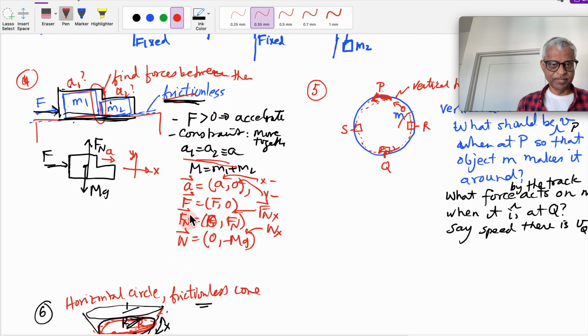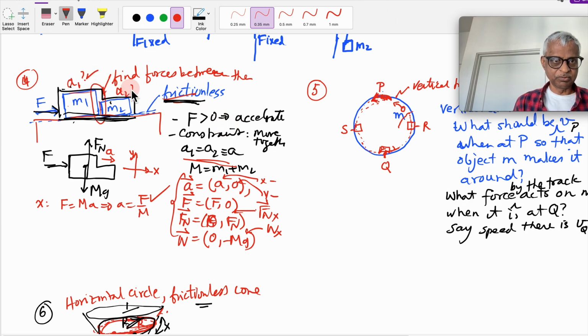And so along the x direction, it just gives you F equals capital M times A. That is A equals F over M. These other ones we don't even know. So we got the acceleration down. That was the acceleration question, and so we answered it.